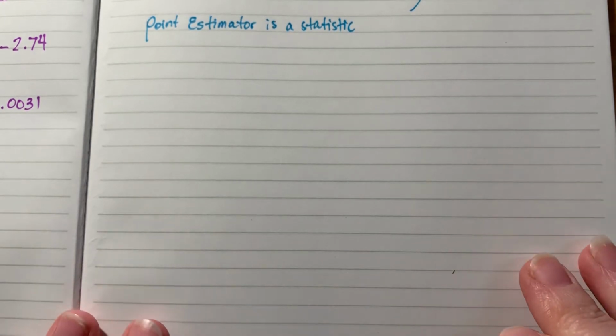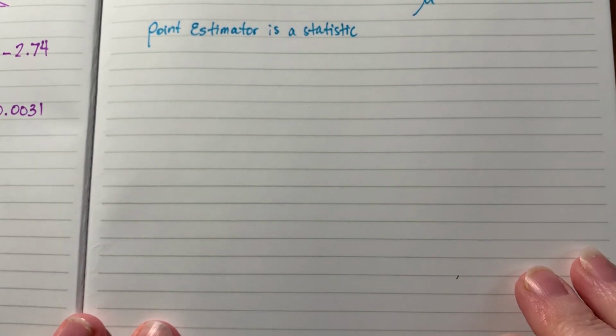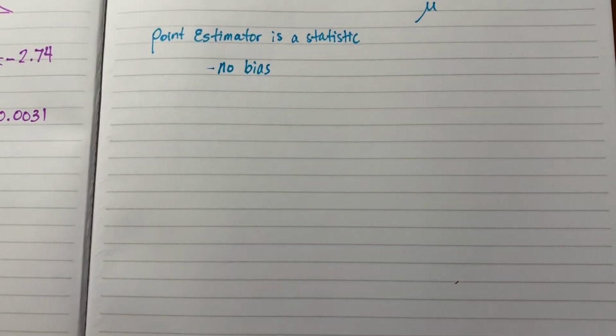Well, a couple of important things for a point estimate is, first of all, that you're going to have no bias. There is nothing that takes away from your understanding or from your predicting the actual parameter.